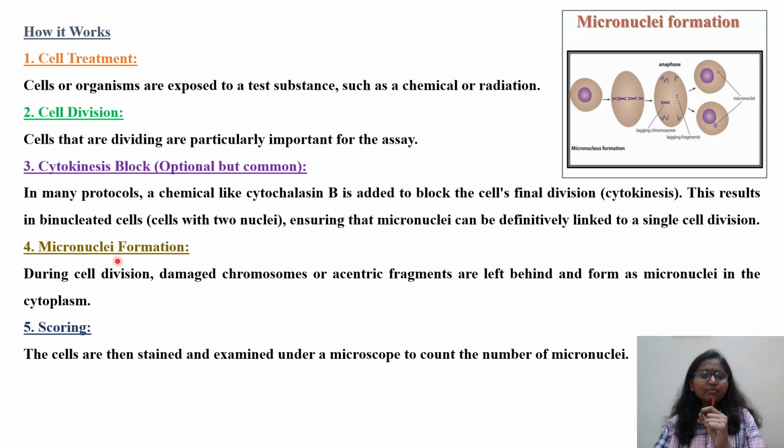Next, micronuclei formation. During cell division, damaged chromosomes or acentric fragments are left behind and form micronuclei in the cytoplasm. Scoring: the cells are then stained and examined under a microscope to count the number of micronuclei.